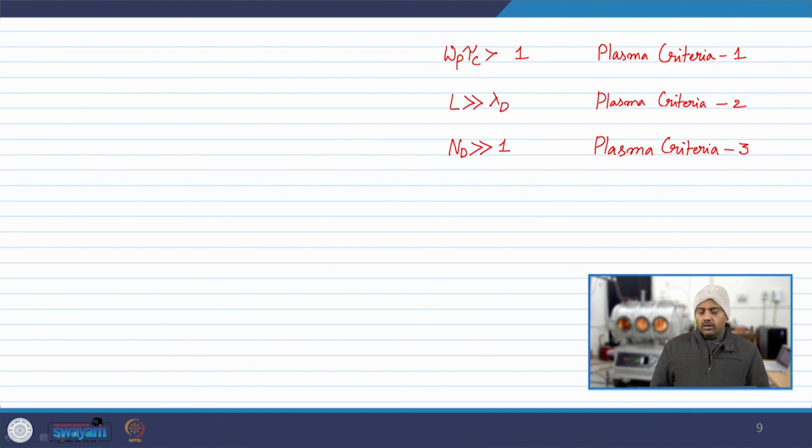Effectively we have now established all the plasma criteria, 1, 2 and 3, using the principles of plasma frequency and Debye's length and Debye's shielding. How are these criteria useful? Any plasma existing in the universe can be characterized based on these parameters.